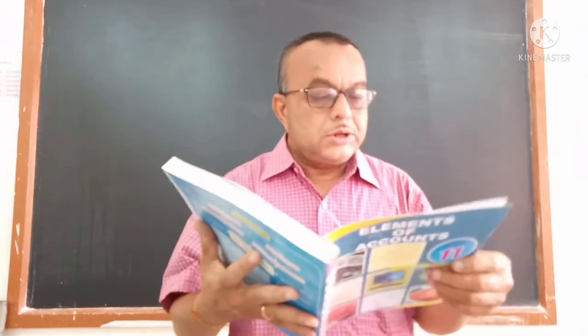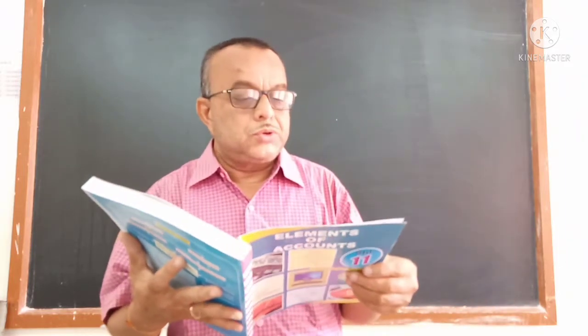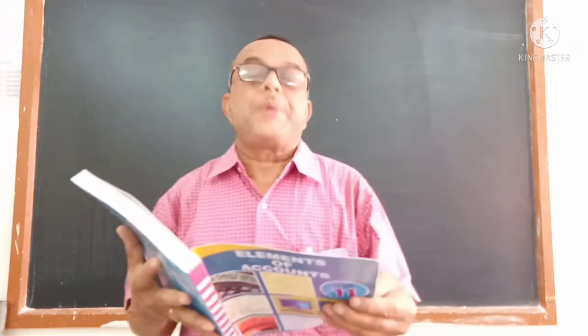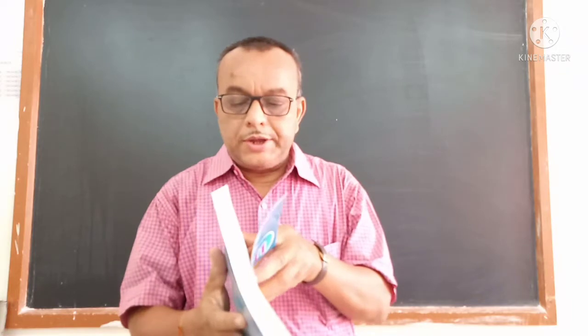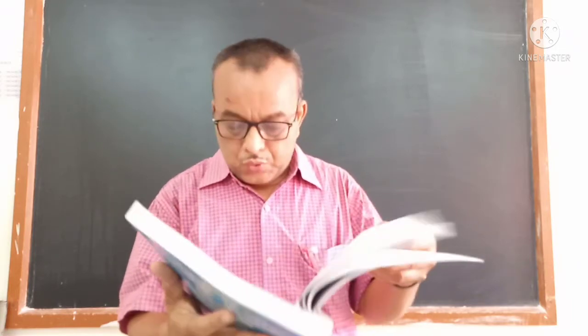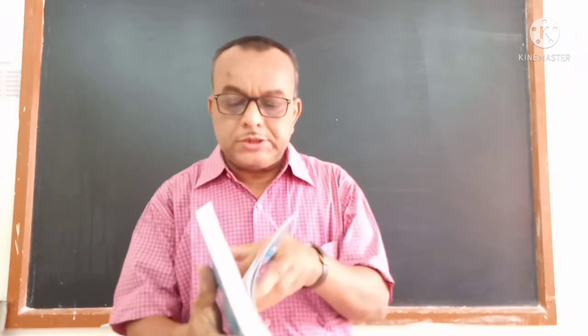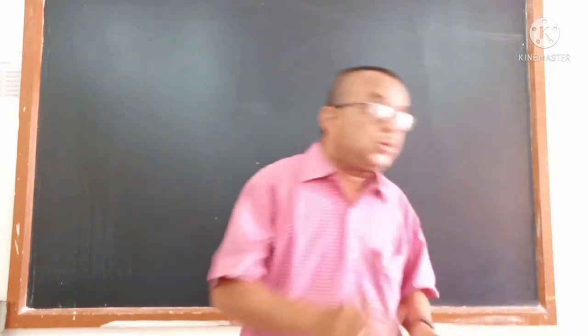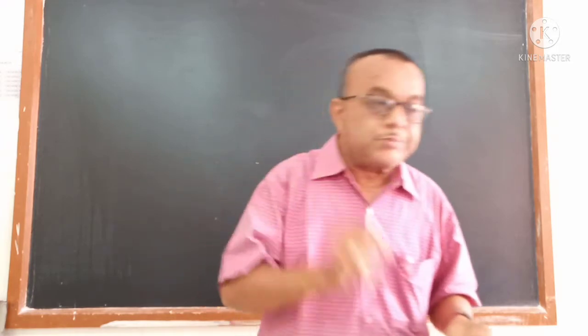Today I will start the second chapter, which is dual effect of transactions and types of accounts, starting on page number 24. Before starting this chapter, I want to tell you one thing, be clear. From this chapter onwards, practical sums start.